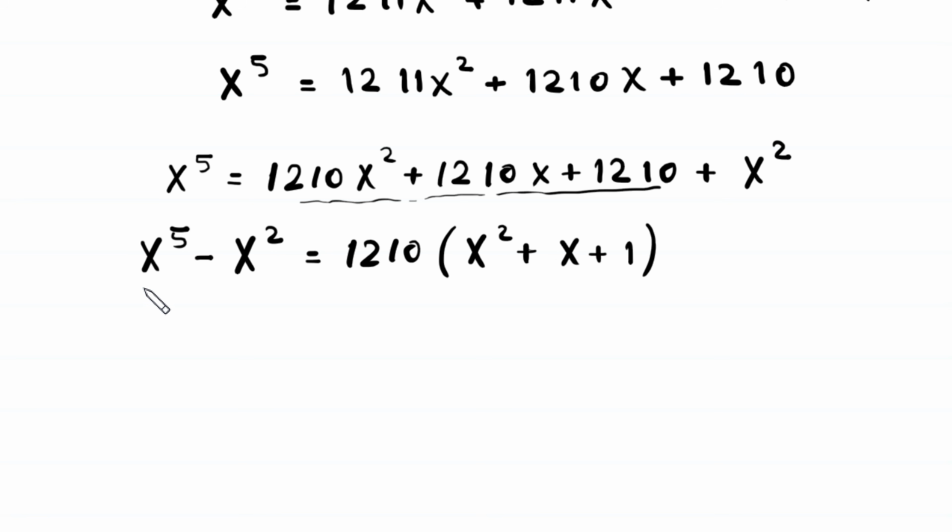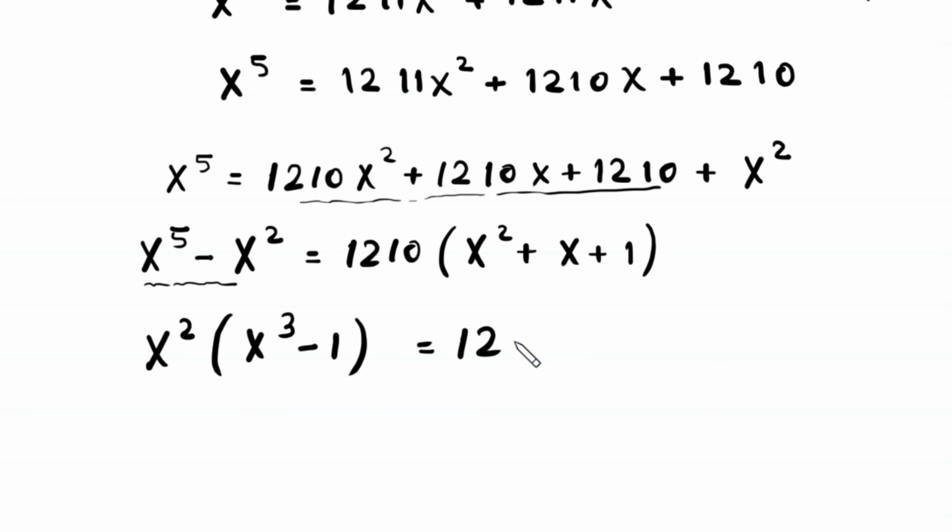From these two terms x^5 - x^2, we can factor out x^2, in bracket x^3 - 1 = 1210 times (x^2 + x + 1).